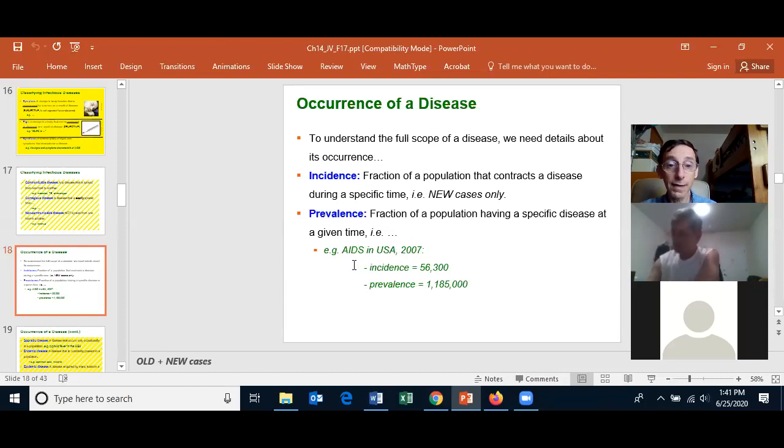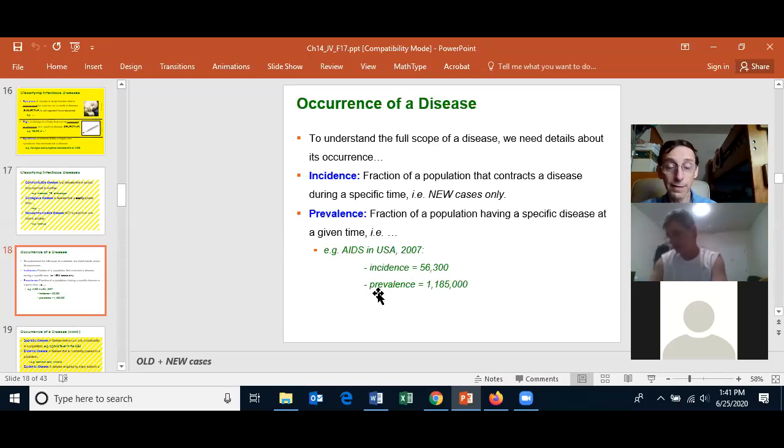An example of that, in AIDS in the USA in 2007, the incidence was 56,300 cases in the United States. The prevalence, though, was 1,185,000 cases.